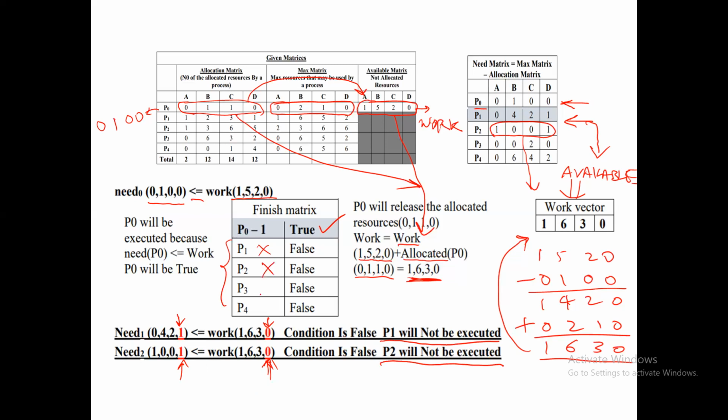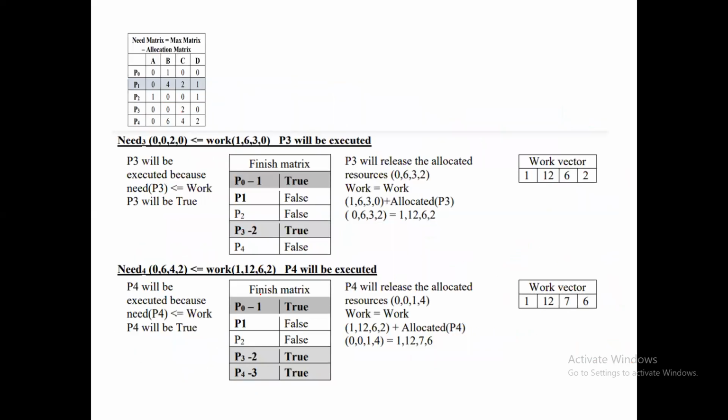Next go for P3. So like this, we keep on repeating the iterations. Now how about P3? Let's check that. So obviously P0 has completed. P1, P2, just now we have seen, are not completed. Now going on to P3. So P3 need is 0020. So 0020, compare it with the current work.